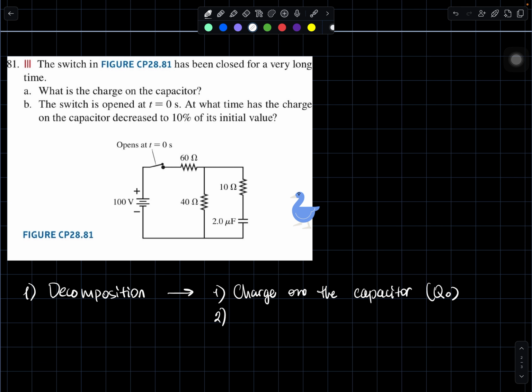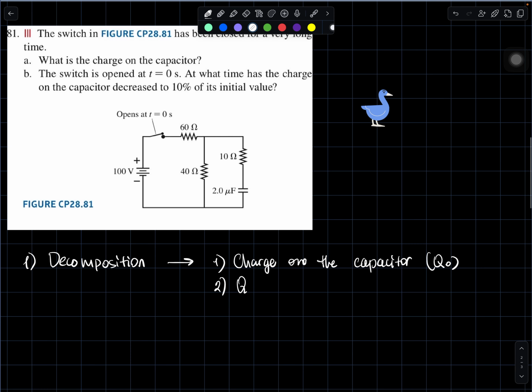Phase 2: the switch then opens at t equals 0, and I need to find when the charge drops to 10% of its initial value. In both cases, we need to find charge.